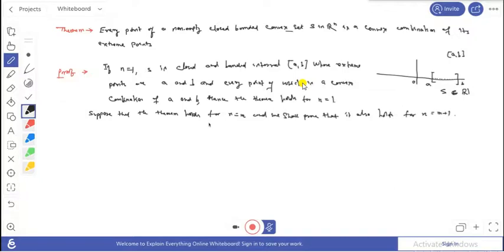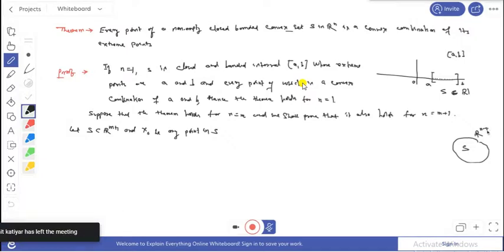So suppose S is a subset of R m plus 1 dimension, and let x naught be any point in S. This means you take the closed set S, a subset of R m plus 1, and take a point x naught which belongs to that set S. This point x naught may be a boundary point or an interior point.